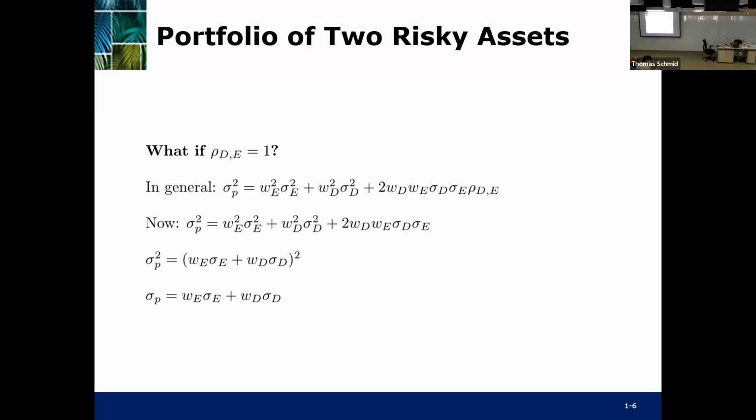All other cases must have a lower standard deviation. And this is exactly the diversification benefit, that your standard deviation decreases because of the non-perfect correlation between two assets. Okay? Of course, this is a highly theoretical case of +1, but it's still very nice to see that this is the upper bound. Realistically, everything will be below that.